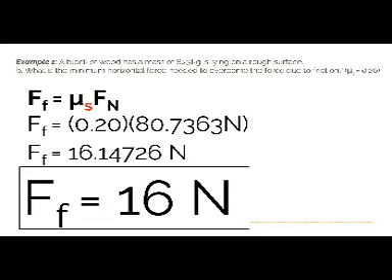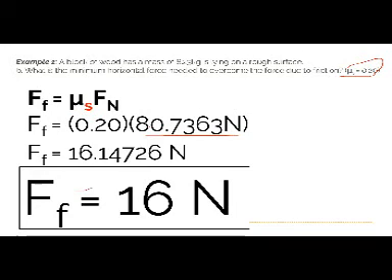And for letter B, the minimum horizontal force needed. Using the equation of the static friction, F sub f is equal to the coefficient of static friction times the normal force. To lessen the percent error, we will use the exact value of our normal force, which is 80.7363 Newton times the coefficient 0.20.